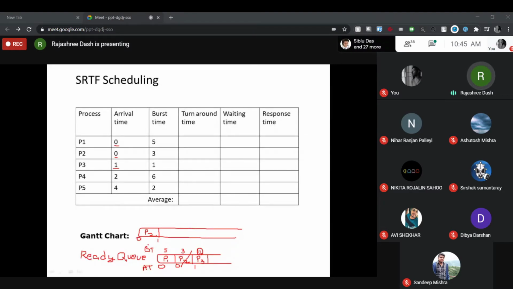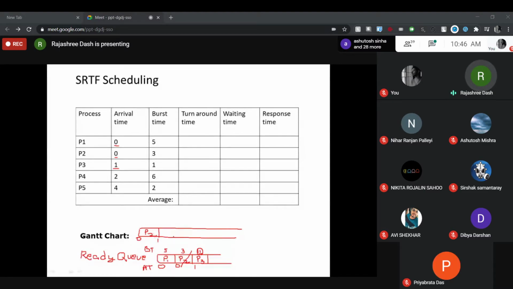It will compare the burst time of the newly entered process, P3, with the remaining burst time of the currently executing process. Which one is smaller, 1 or 2? 1. So the scheduler will preempt P2.